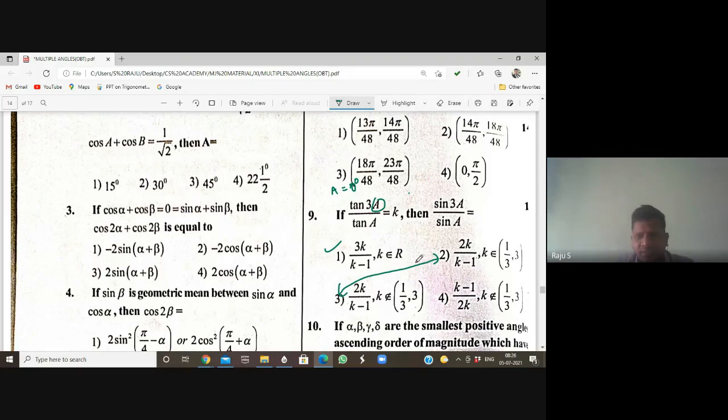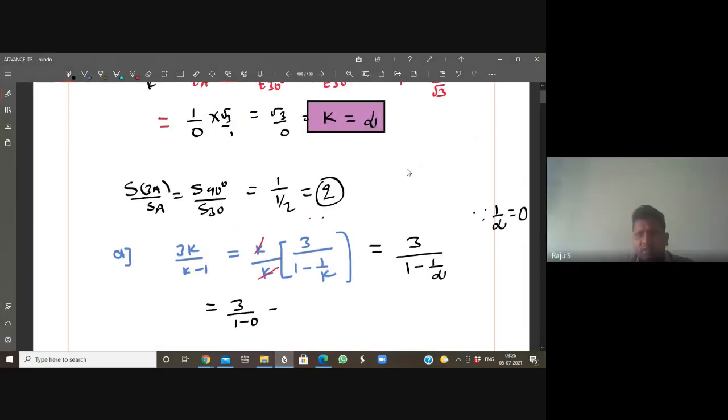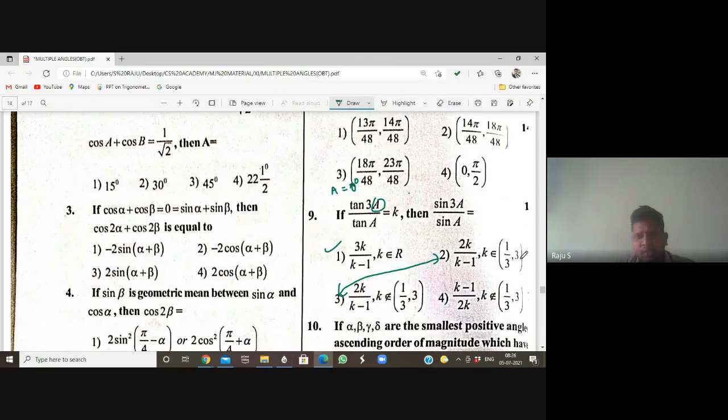If the second option is correct, let's see here. What is the k value we got? K value is infinity. Does infinity belong to the given interval 1 by 3 to 3? No. Then it is not. So how can we say that the second option is correct?